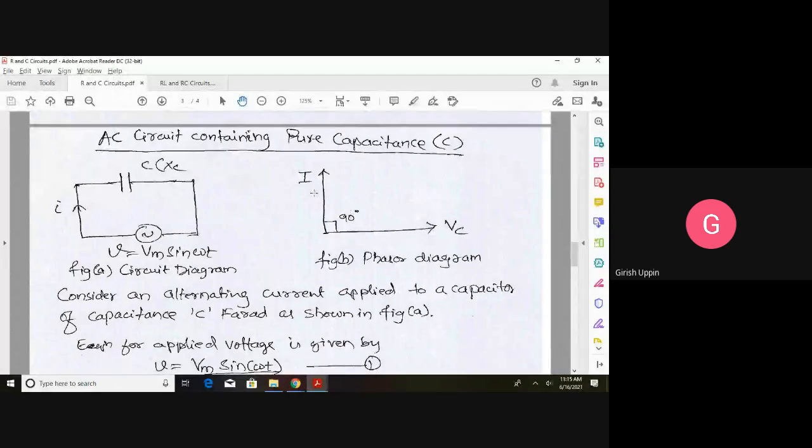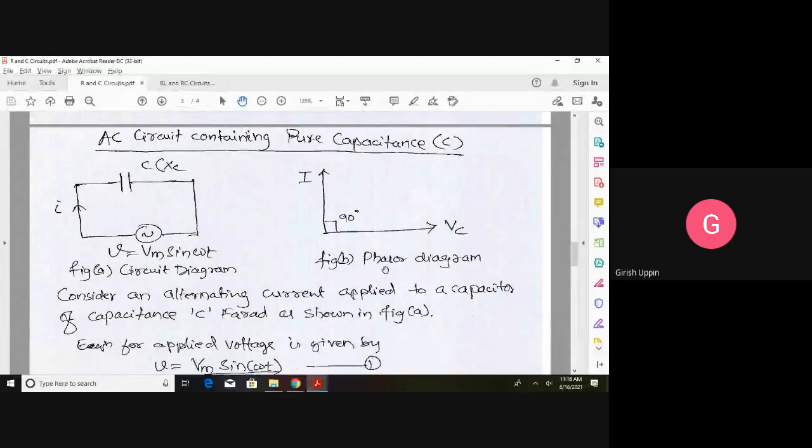Because if you remember, in phasor representation we talked, we have to assume this as rotating. This phasor representation represents the RMS value, and it rotates continuously with an angular speed of omega. So that is why it will rotate in the anti-clockwise direction, right?